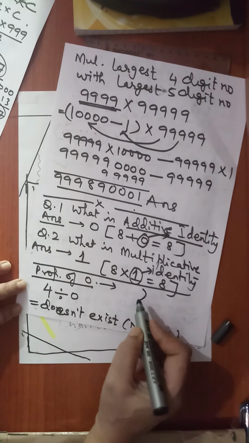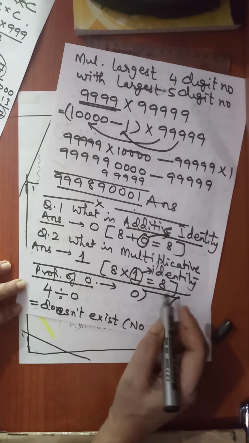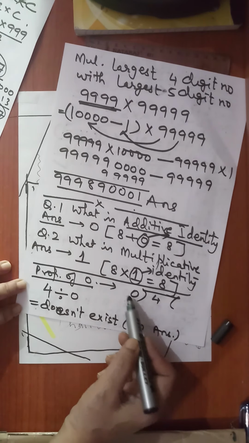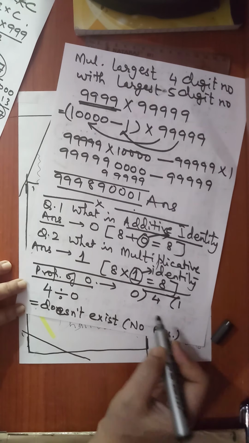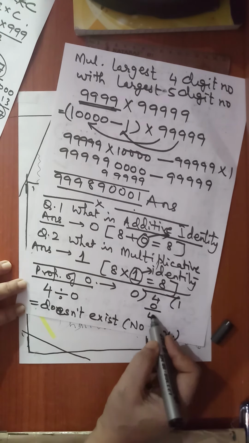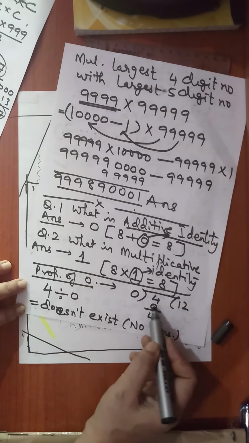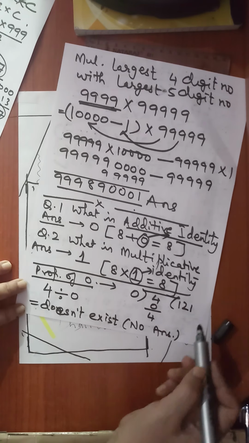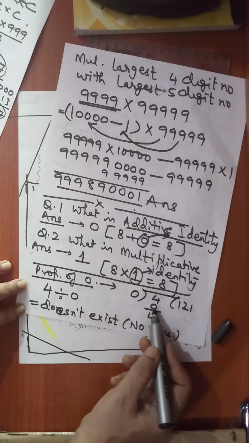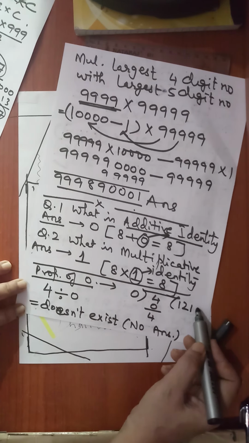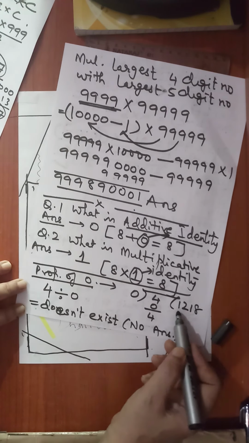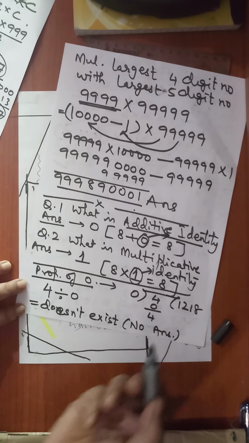Now if you try, suppose we want to divide 4 by 0. 0 ones are 0, the remainder is 4. 0 twos are 0, remainder is 4. 0 twenty-ones are 0, remainder is 4. 0 one twenty-eights are 0, remainder is 4.